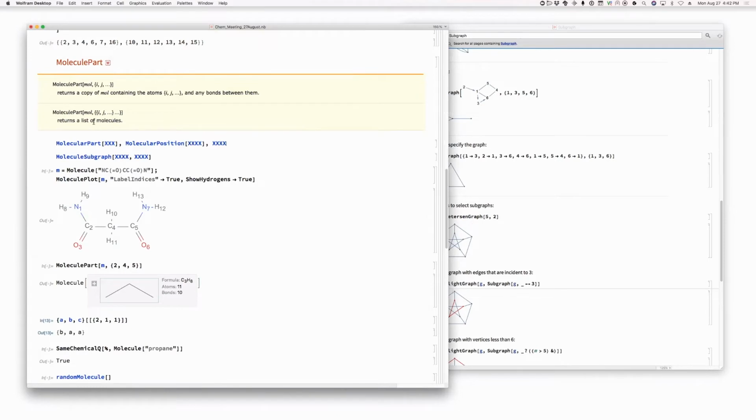Comments about these? So to me, molecular instead of molecule makes it wordier, I guess. It makes it longer, and I don't know that it conveys more information.